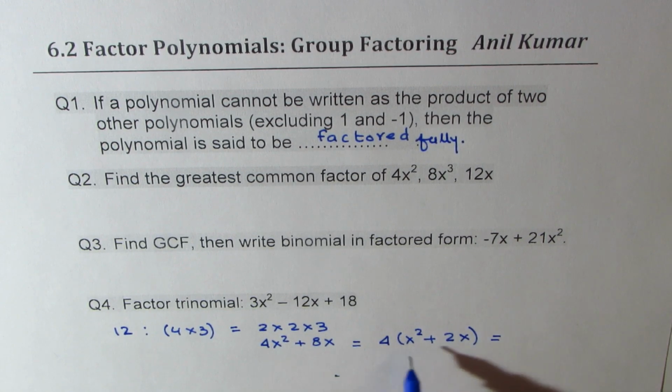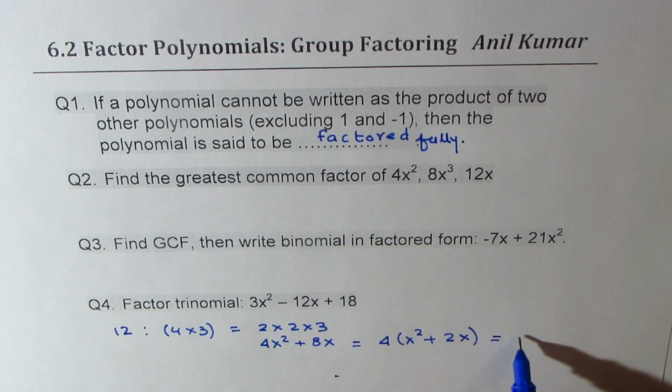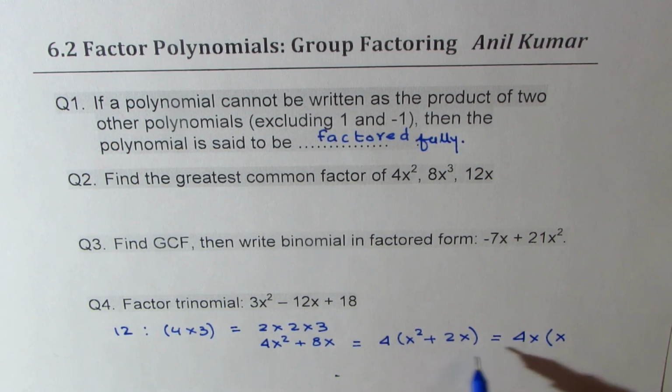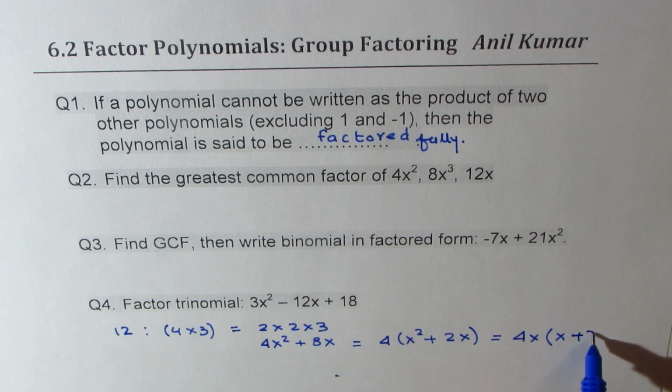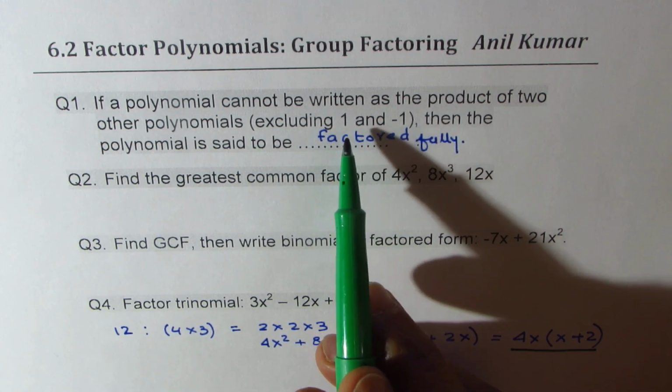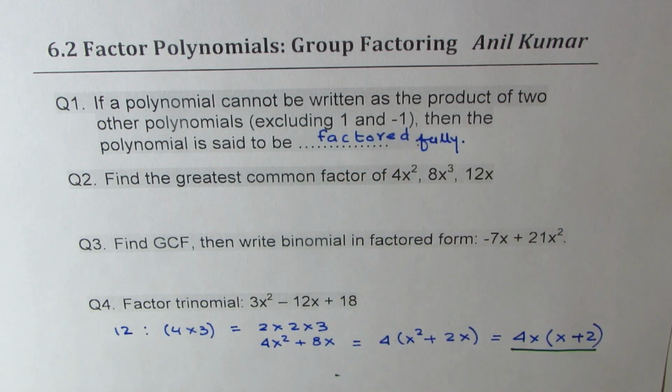So we have to take that x also as a common factor, and then you get 4x as a factor, and the other factor is x plus 2. Now you cannot further factor it, correct? So that is what it means. So to factor polynomial, we really have to write it in a form that it cannot be further written as a product of 2 other factors. Obviously, you could keep on writing 1 times the number itself, and therefore 1 and minus 1 have been excluded. So I hope this definition is absolutely clear.